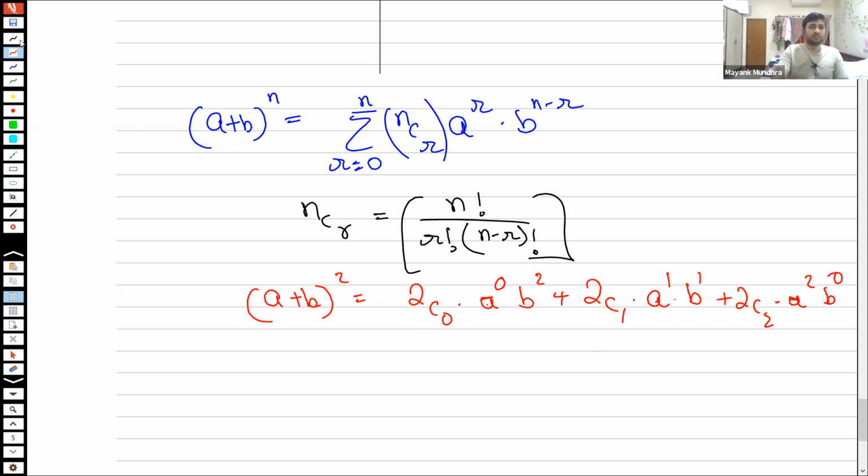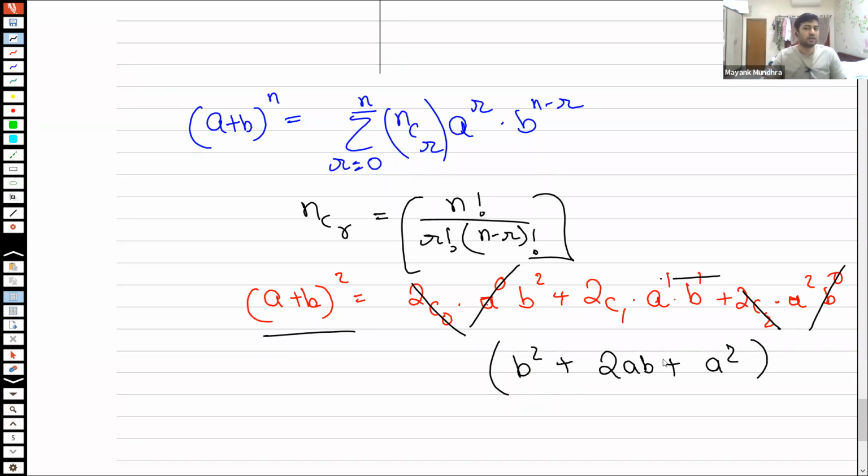The power zeros cancel, power 1 is irrelevant, 2C0 is 1, 2C2 is 1. So what I'm left with is a square plus 2ab plus b square. So that is your expansion for (a plus b) whole square.